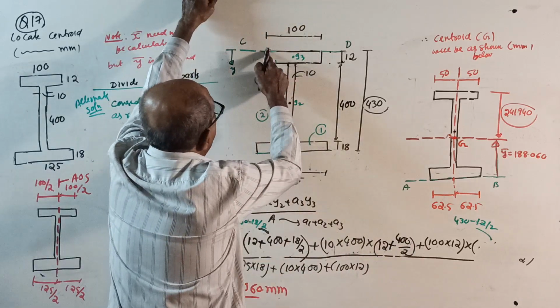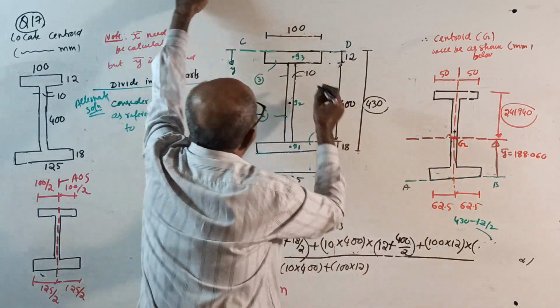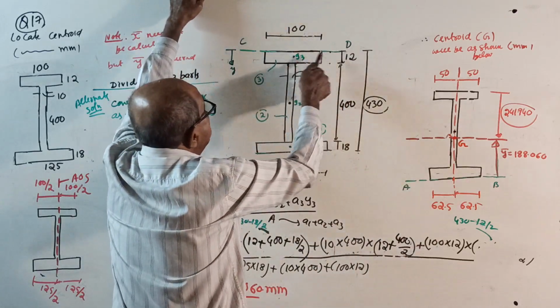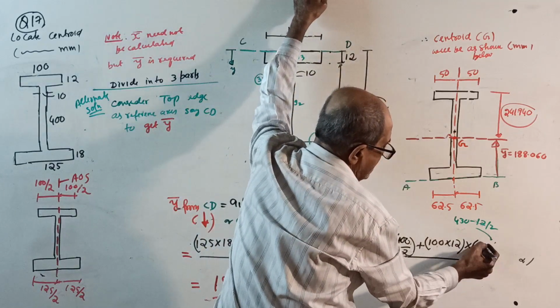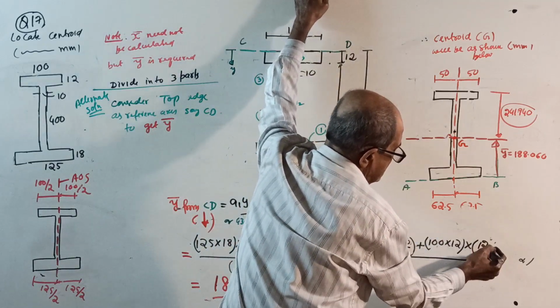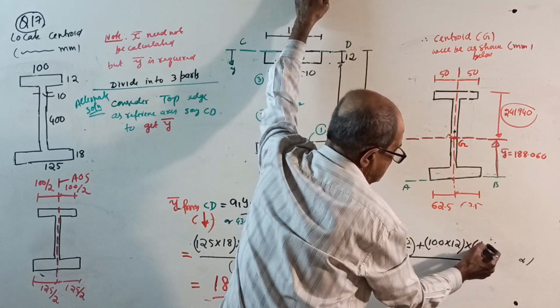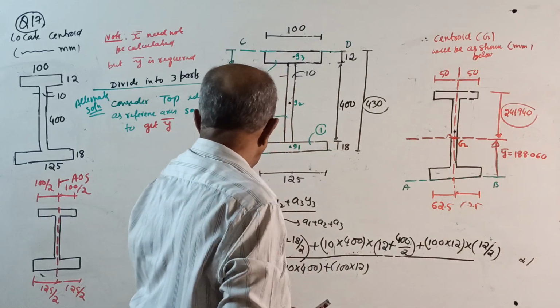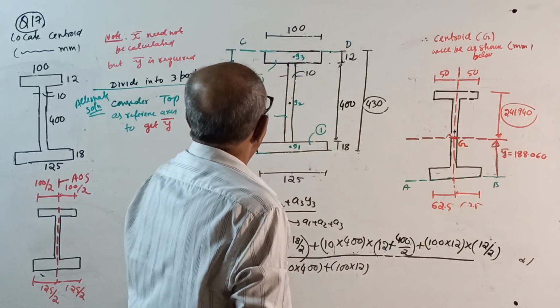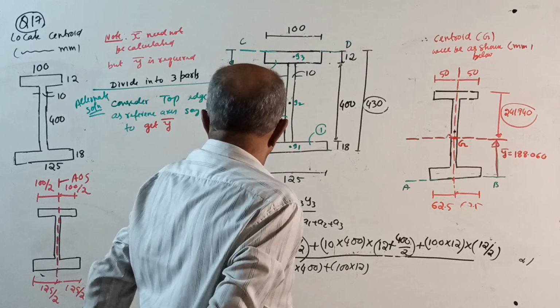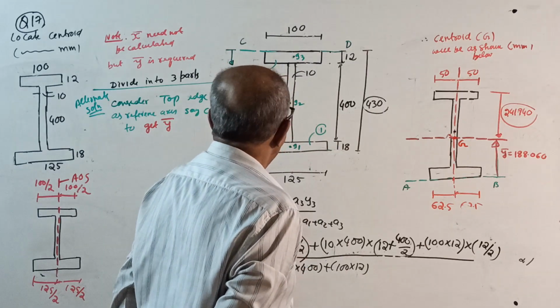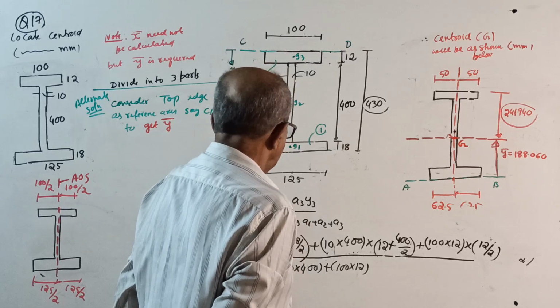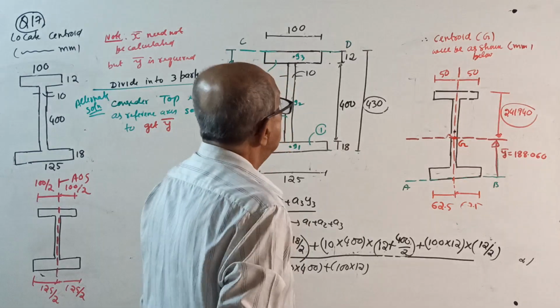Plus last one, which one? 100 into 12, into its centroid from top edge, directly 12 by 2. Over. Divided by A1 plus A2 plus A3. Okay, over.